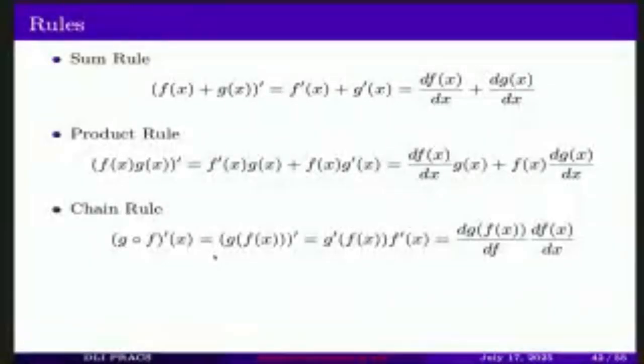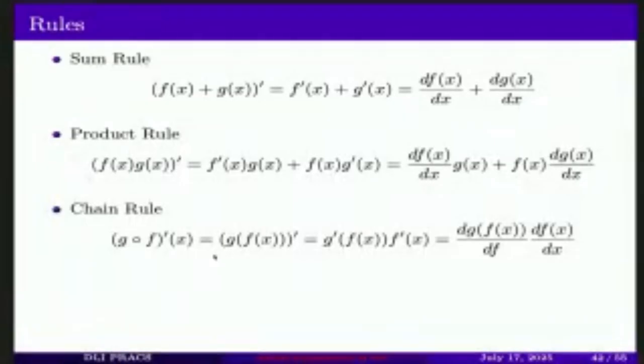And the chain rule says that you first differentiate g with respect to f of x, because in this case f of x is like the input variable to your function g, right? So then you are differentiating g with respect to f of x, and then you multiply that by the derivative of f with respect to x, right?